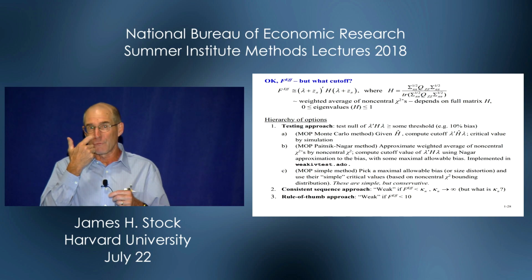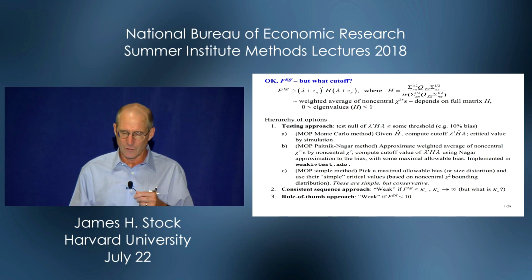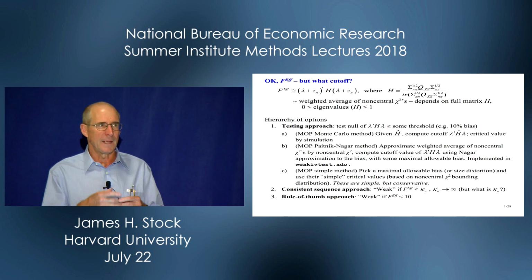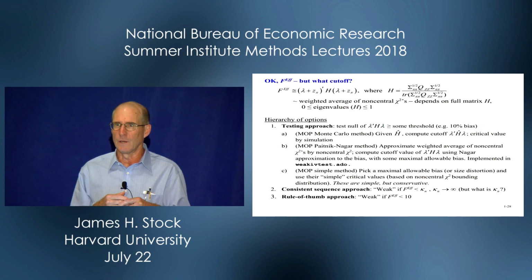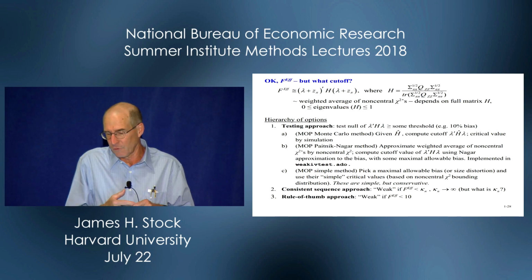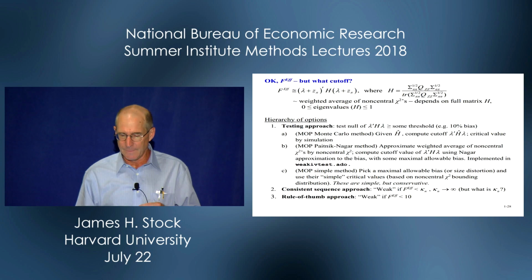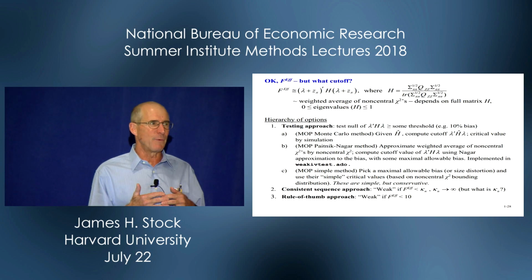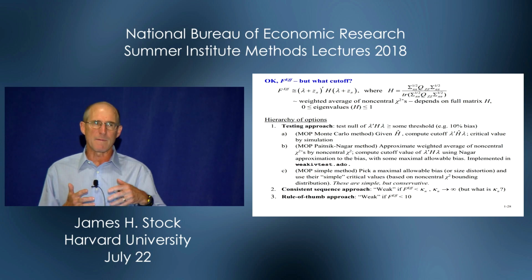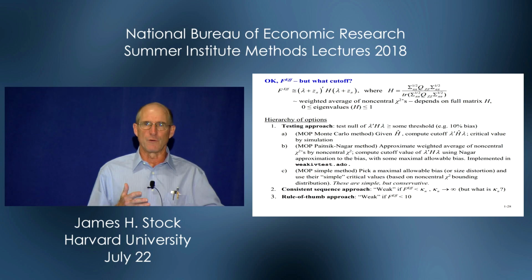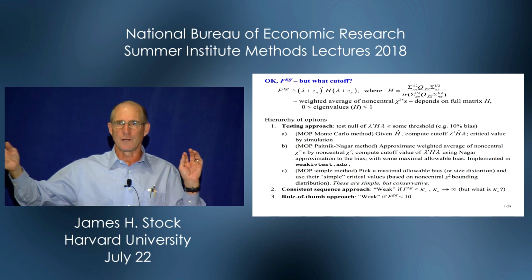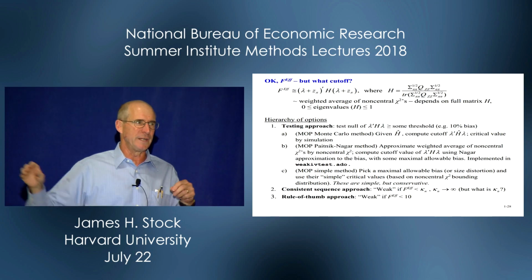There's an additional approach you can use, which is you could just use a rule of thumb. That's the bottom, so you could just say, what about 10? And Isaiah will see whether that works or not. And then there's the econometrician's approach, which is that really what we want is, with probability 1, to do the right thing if they're weak, but with probability 1, if they're strong, to be able to do two-stage least squares.